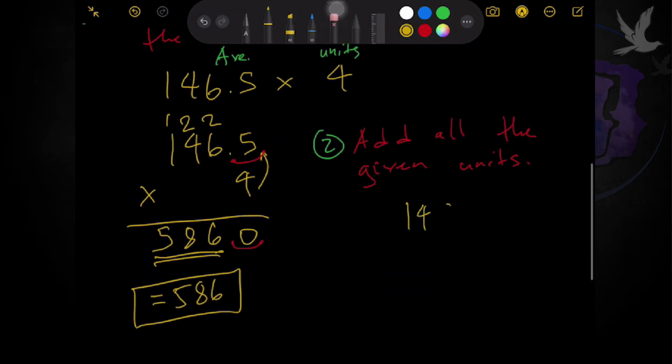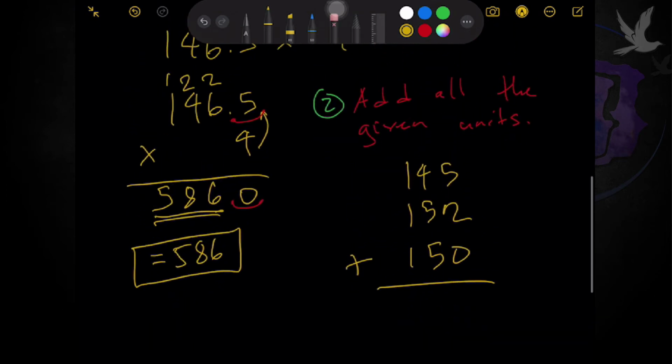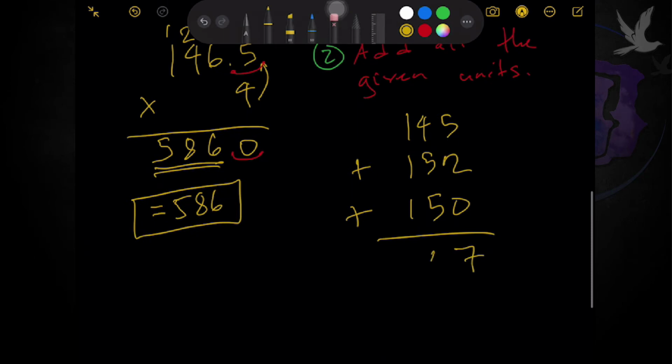So, that's 145, 152, and 150. I-add nyo lang yan. So, that's an equivalent of 447. 5 plus 2 is 7, 5 plus 5 is 10, plus 4 is 14, carry over 1, plus 1 plus 1 plus 1 is 4. Okay, ganyan lang.